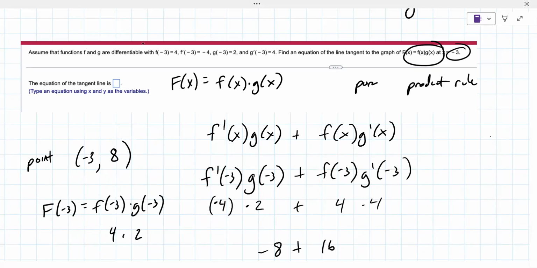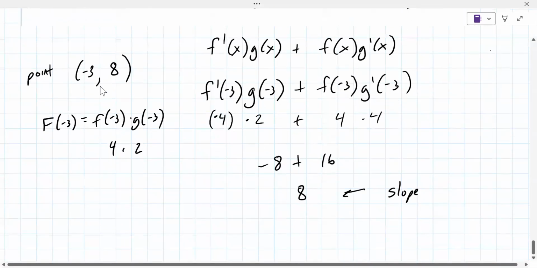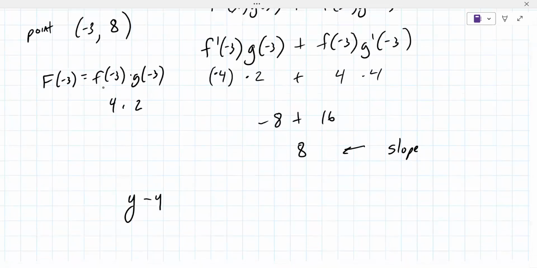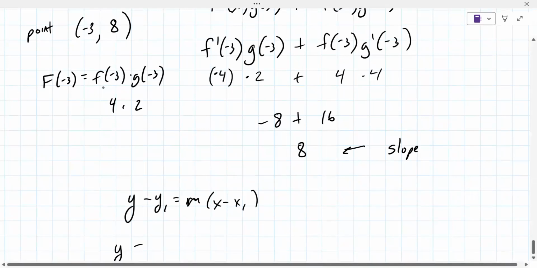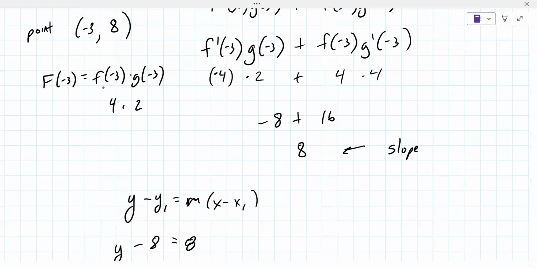So 8. Now you need to write the equation, and what's nicer is they don't specify the form. So you could just go y minus y1 equals m times x minus x1. So y minus 8 equals 8 times x minus 3.